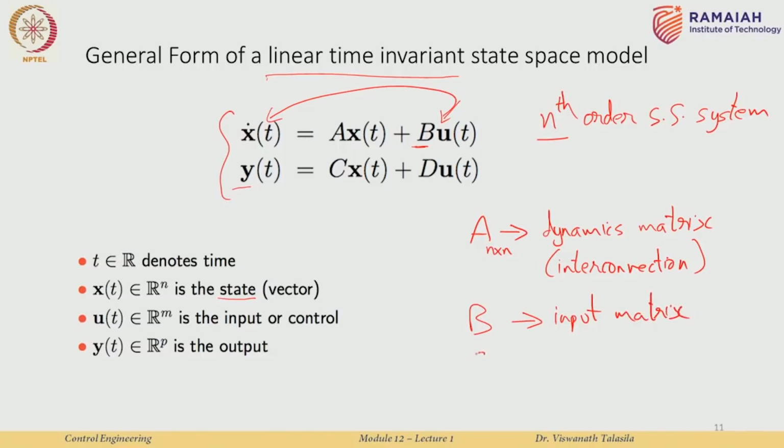Next, we have this matrix C, and C can be called the output matrix. We have already seen in the case of the mass spring damper, we had an example of when we wanted to measure only the position.